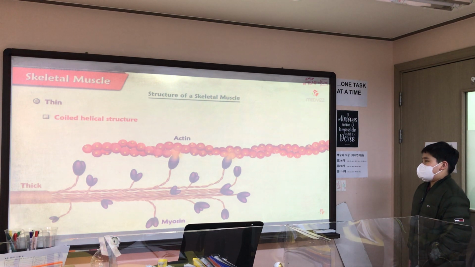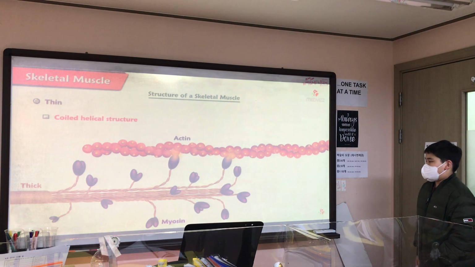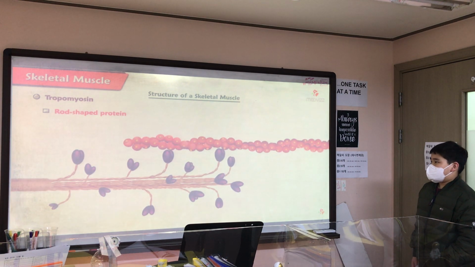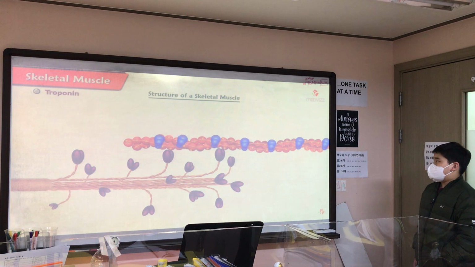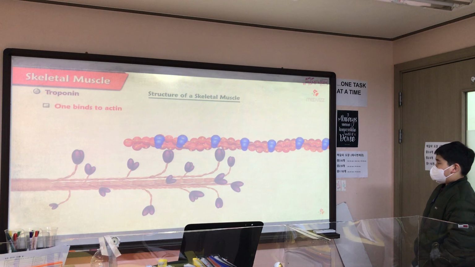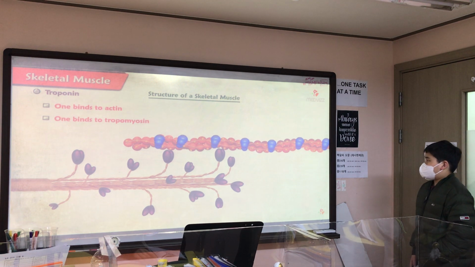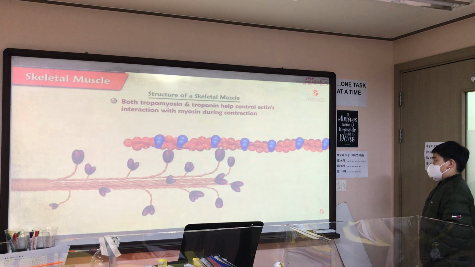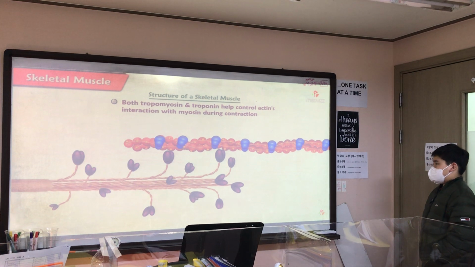They are coiled, helical structures that resemble twisted strands of pearls. Tropomyosin is a rod-shaped protein spiraling around the backbone of actin to stabilize it. Troponin is a complex of polypeptides. One binds to actin, one binds to tropomyosin, and one binds to calcium ions. Both tropomyosin and troponin help control actin's interaction with myosin during contraction.